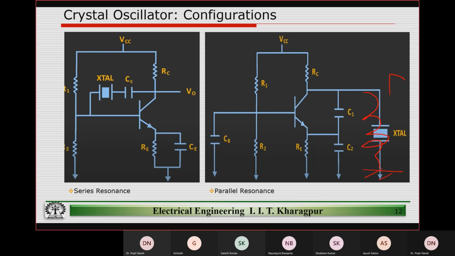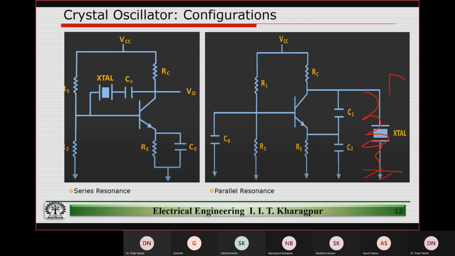Intuitively, we understand that the one on the left will be a series resonance, and the one on the right is a parallel resonance, right? So when do you think we should use the left guy or the right guy? Meaning under what requirements? The requirement actually comes from the resonance frequency.